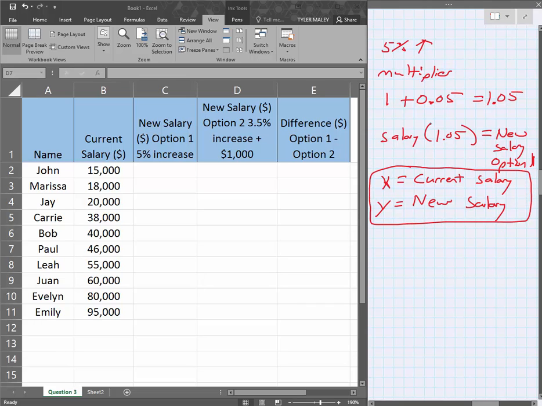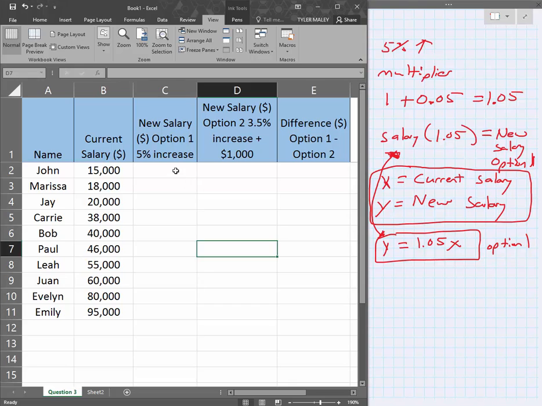Then the equation, salary times 1.05 equals new salary, option 1, I could show as y equals 1.05 times x. So this equation is the same thing as the other. This one's more in word form, and this is more symbolic. So let me save this here. This is option 1, so we can refer back to it.